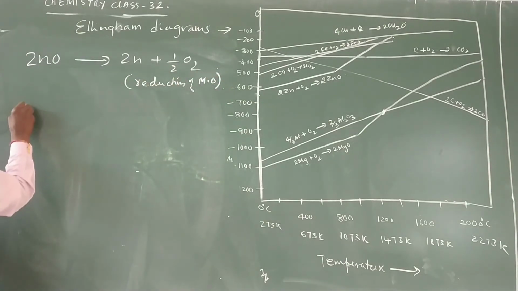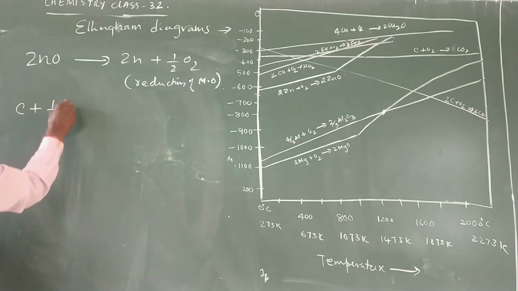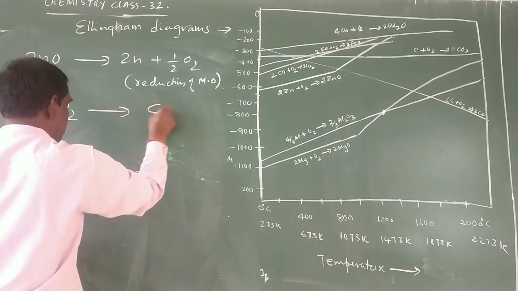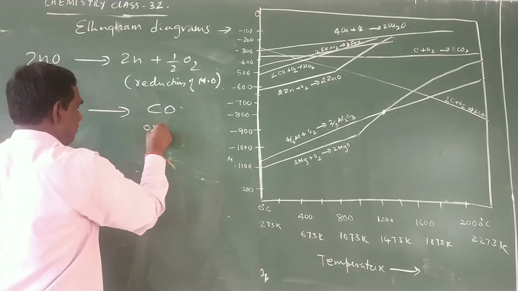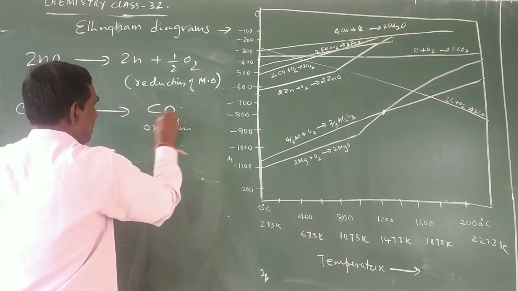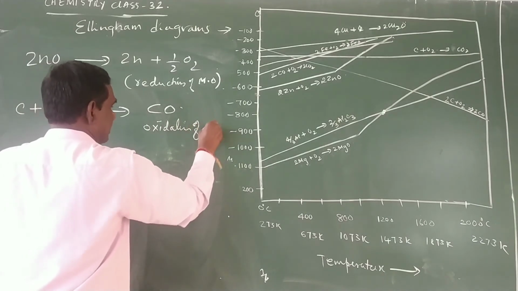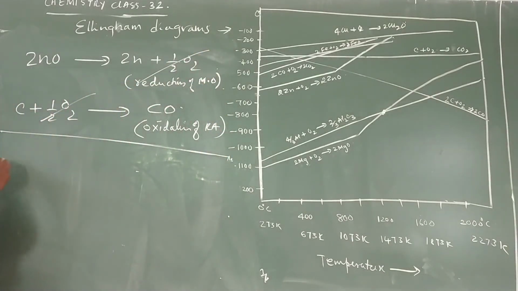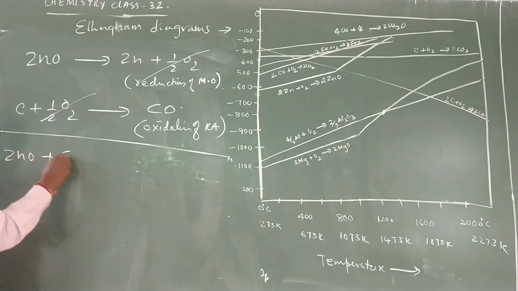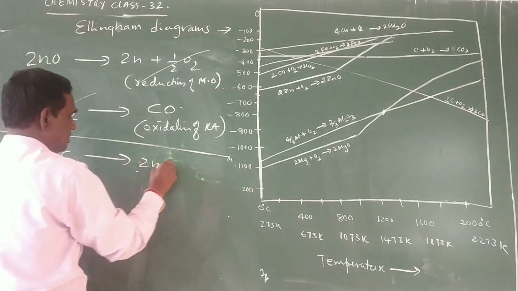Second one, C plus half O2 gives rise to CO. So this is the oxidation of the reducing agent. If you add the two equations, half O2 cancels, that is ZnO plus C, you will be getting Zn plus CO.